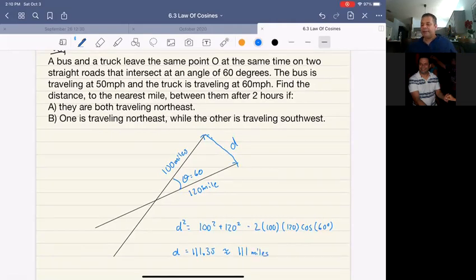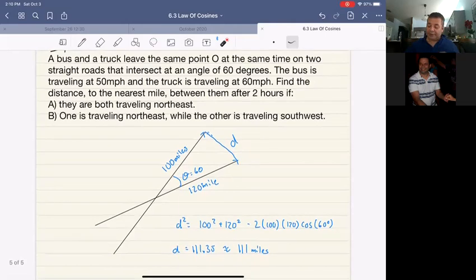Now this is a calculation, especially if you feel uncomfortable, I do it a couple different ways. I'm comfortable with it because I did it already and I know the answer works. But what I did, I just plug this in, minus, and then I would hit 60 cosine times 120 times 100 times 2, and then I have the d squared. Okay? All right, that's A.